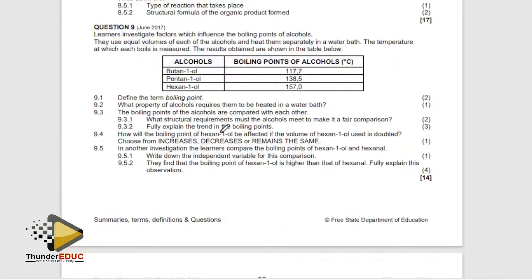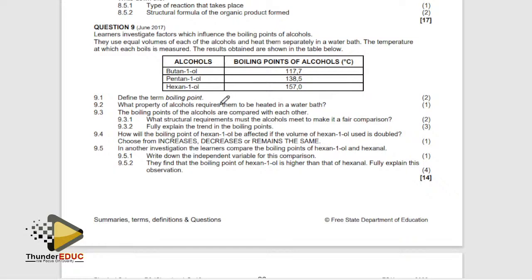Remember that it's the temperature at which the vapor pressure of this liquid is equal to the atmospheric pressure. That's the point, because they're saying boiling point. They're not asking you what is boiling.